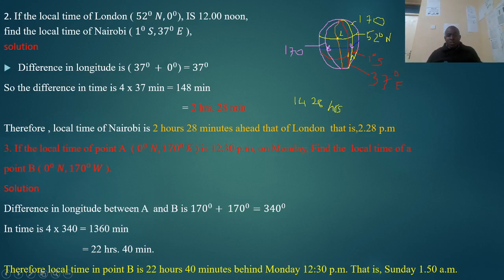Remember, you cannot subtract directly. You need to borrow 1 hour from 24, because that's 00, to make it 60.